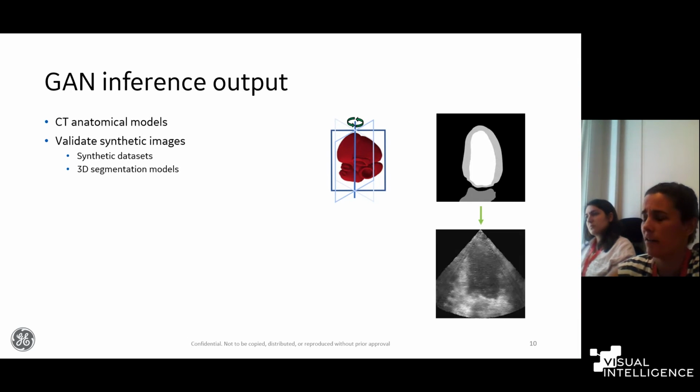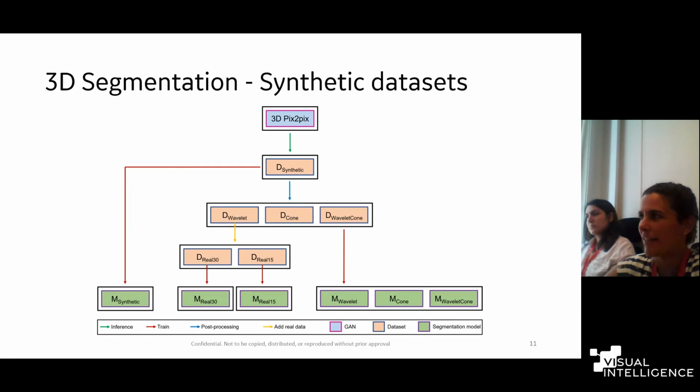So I created a training scheme, let's say, of 3D segmentation models using several different synthetic data sets. From my original GAN, the 3D pix2pix model, I have direct synthetic data sets without any post-processing operation, which is this first one. And I train a segmentation model on this simple data set.